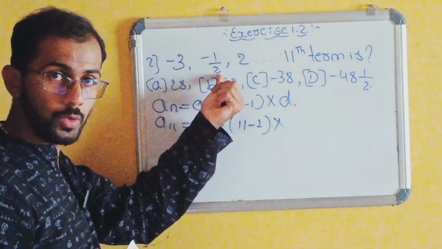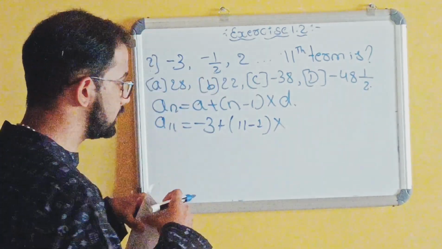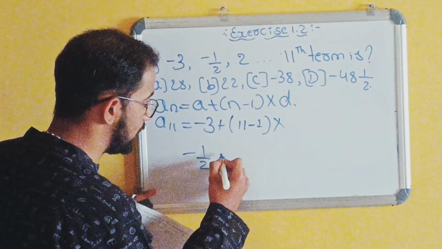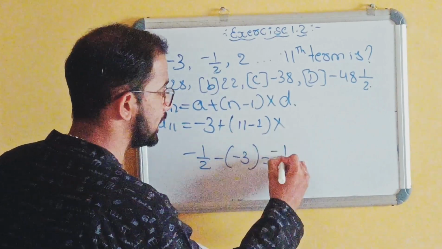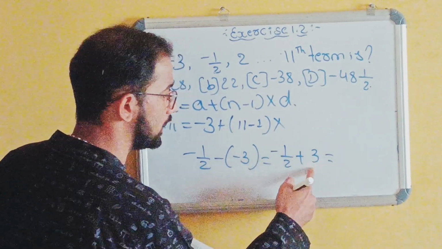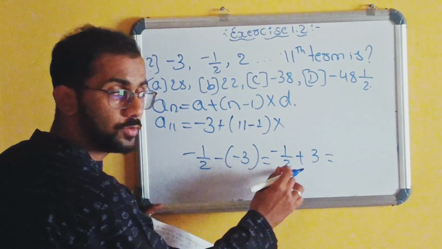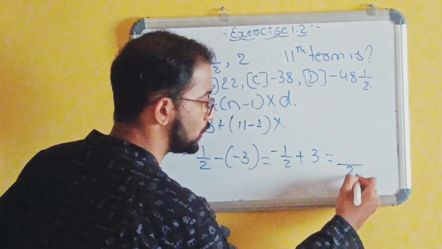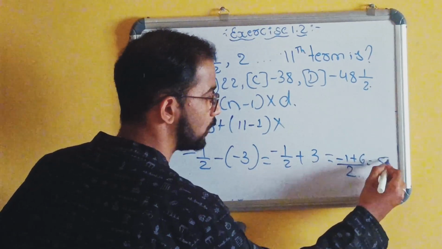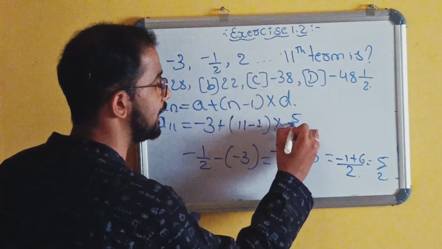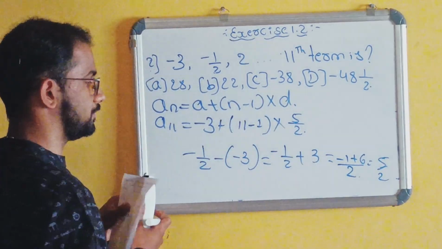Minus 1 by 2 minus of minus 3, that is minus 1 by 2 plus 3. If you take the LCM, which is 2, cross multiplication gives minus 1 plus 6, that is 5 by 2. Now d is 5 by 2.